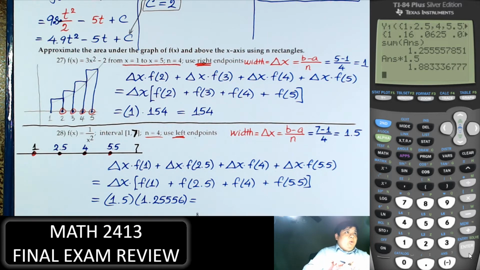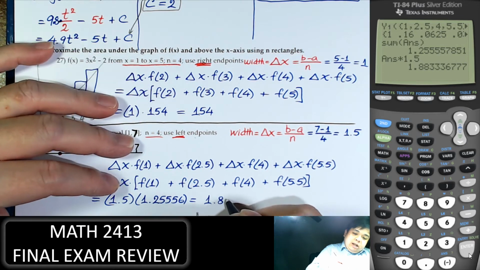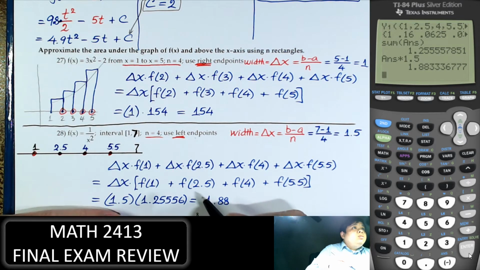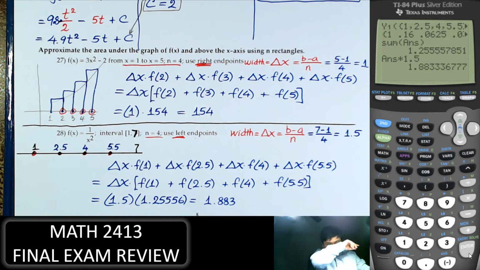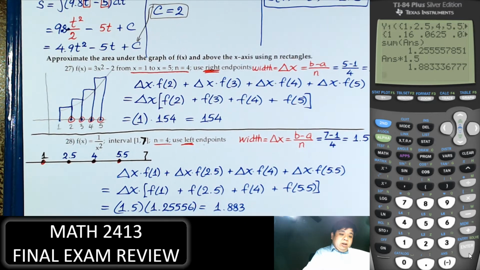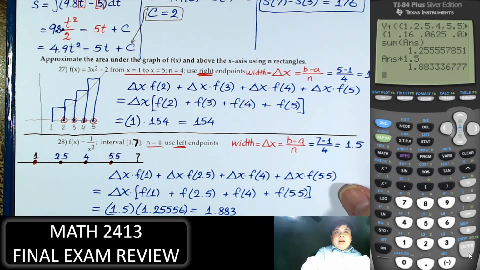And we have 1.88326, so let's say 1.883. Right. So that is the estimate, the approximate area under the curve using the left endpoint of each subinterval, and we're using 4 rectangles. So that's what we have.